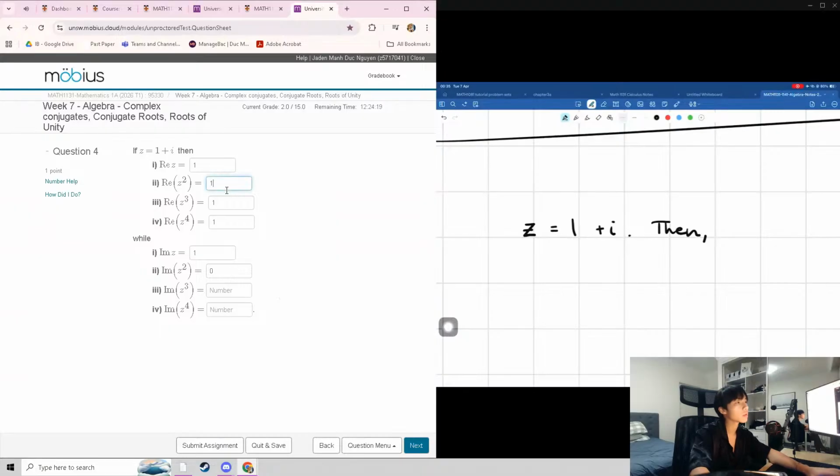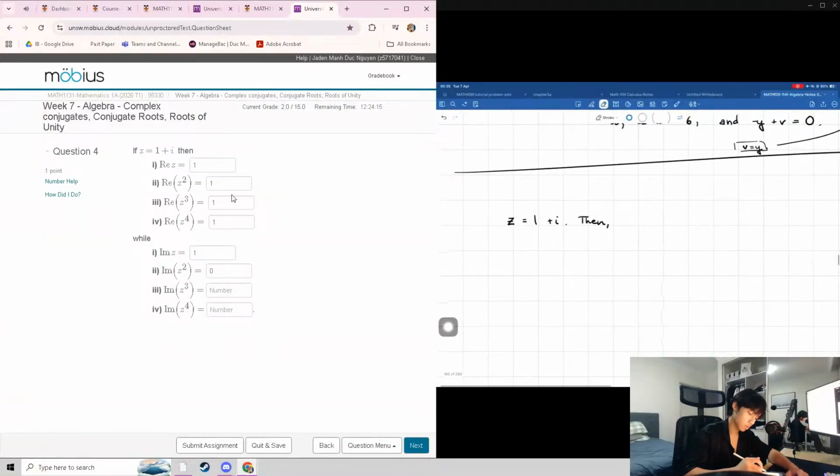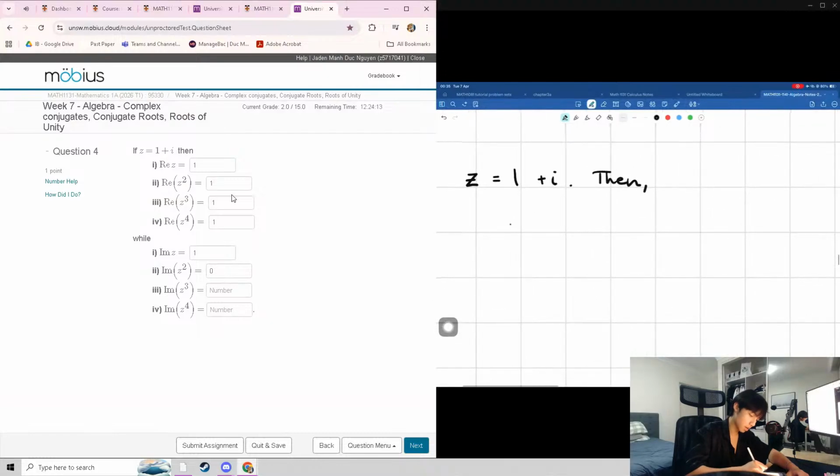Oh, my bad. Oh, okay. My bad. Once again. Real of z squared is 1 plus height, so 2 pi.